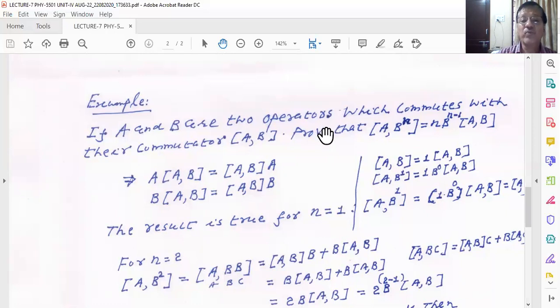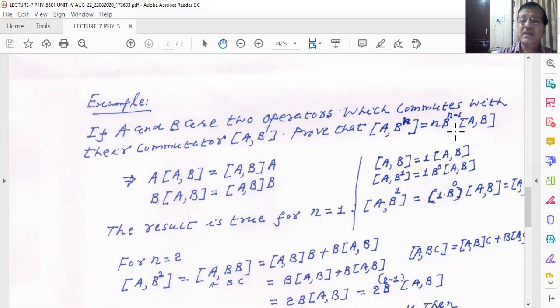What we want to prove is that the commutator of A with B to the power of n equals n B to the power of n minus 1 into the commutator of AB.